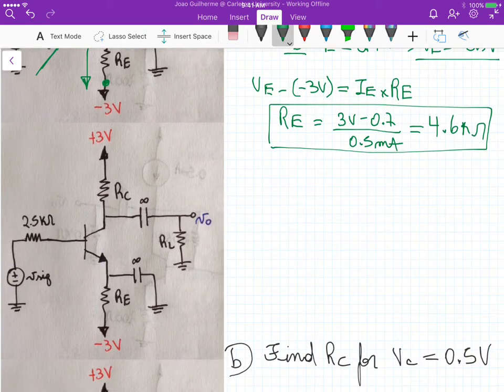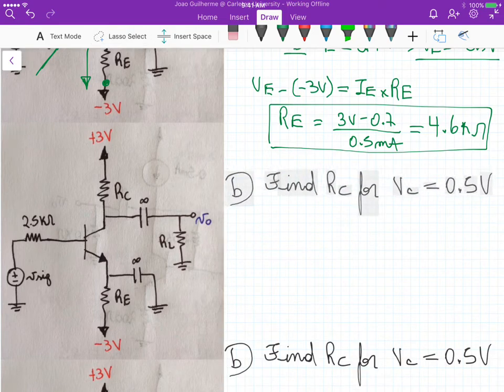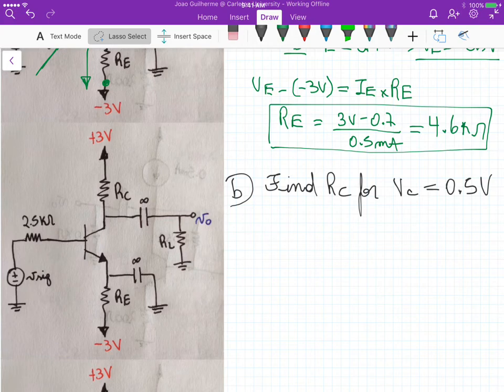Now for part B, so let me put this part B up here. For part B, we need to find RC so that we have a collector voltage of 0.5 volts. One thing is that because we know beta and we know IE, we can calculate the collector current.